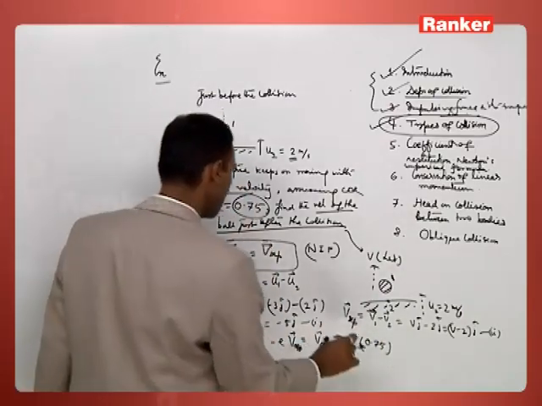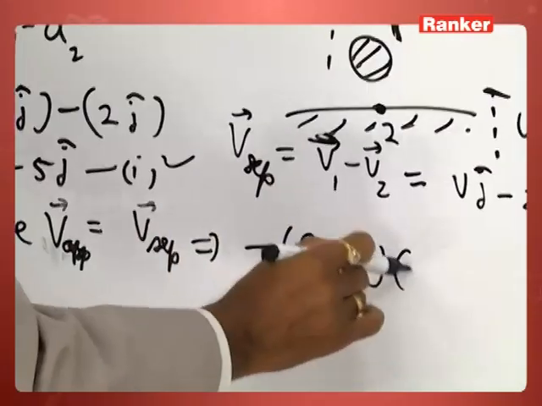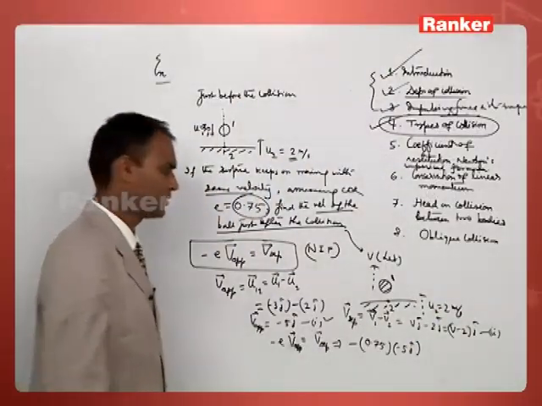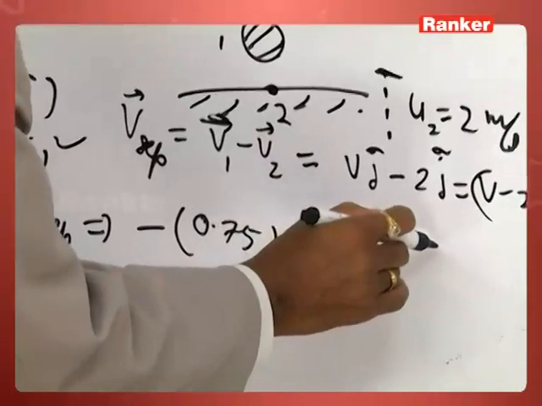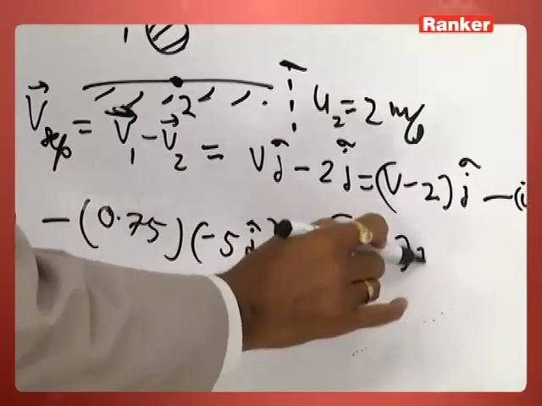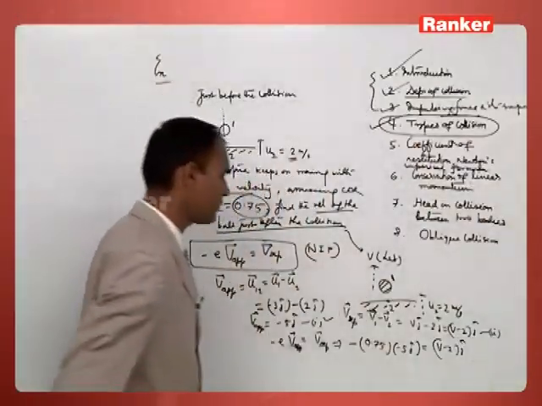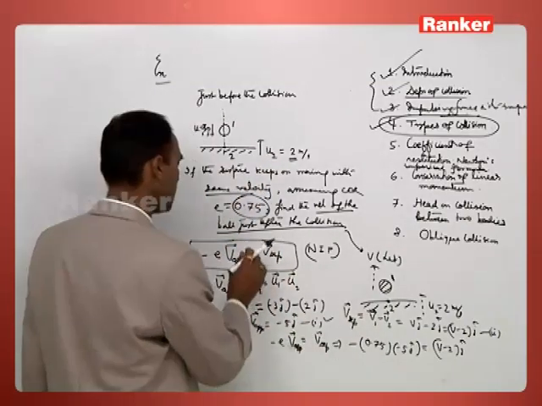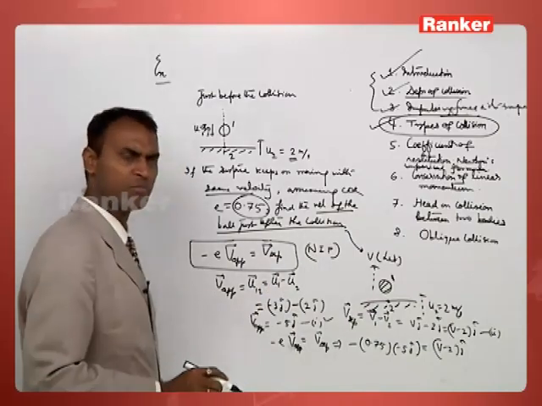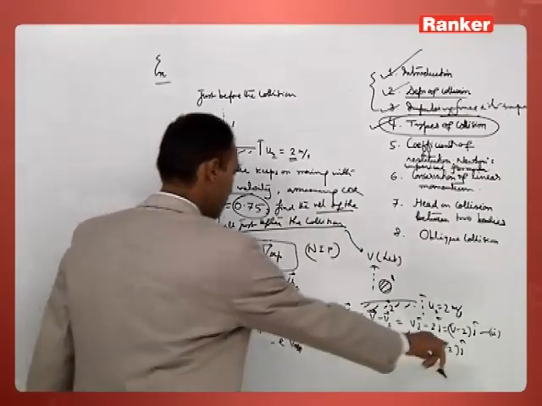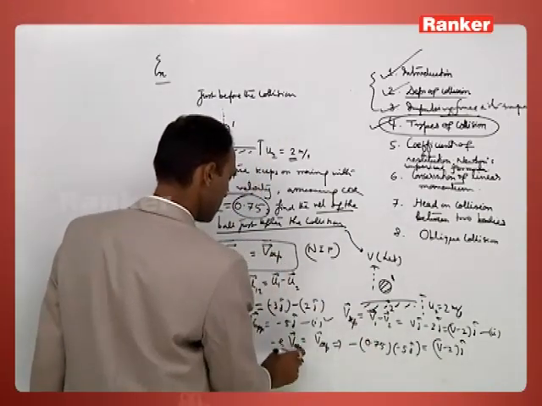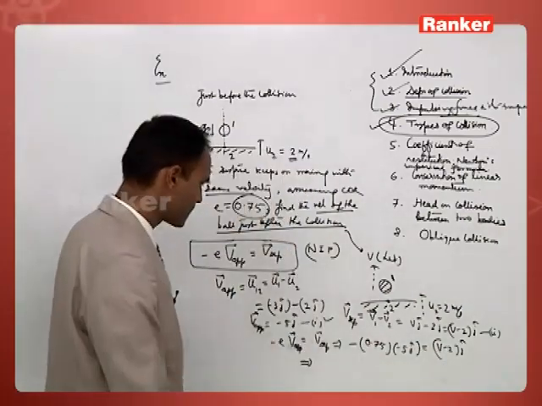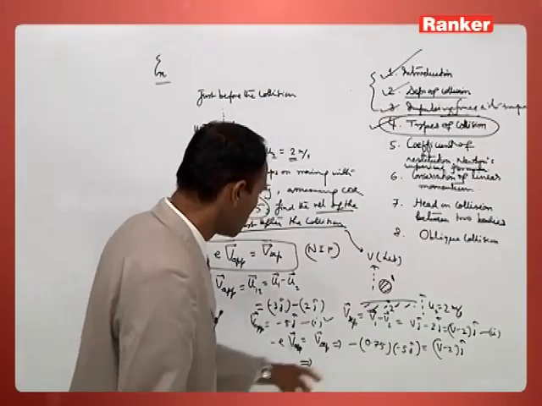The approach velocity is minus 5, and the separation velocity is v minus 2 from equation number 2. Substituting these values in Newton's empirical formula, we can get the result after a little evaluation.